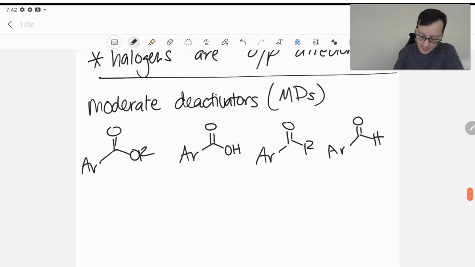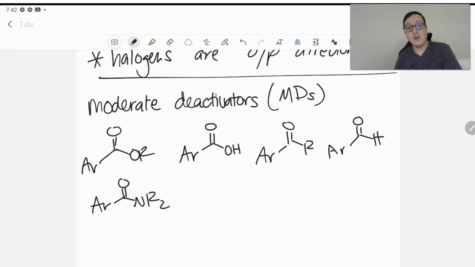Let's see, what else do we have? Those are all the oxygen ones. We can have some amides there as well. All of these will deactivate your ring. So notice all of these have carbonyls essentially that are going to help deactivate the ring. We also see nitriles under this category and sulfonic acids.